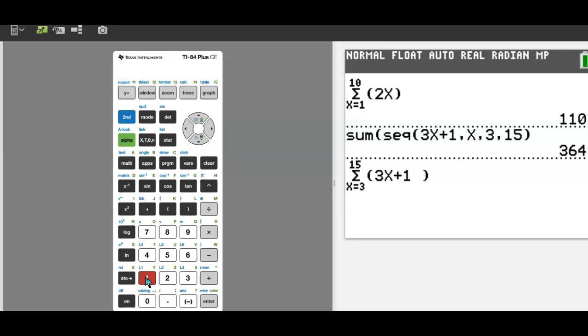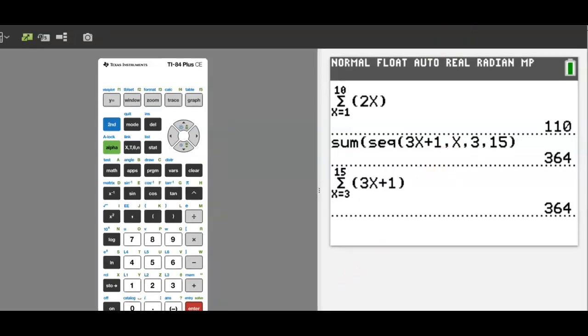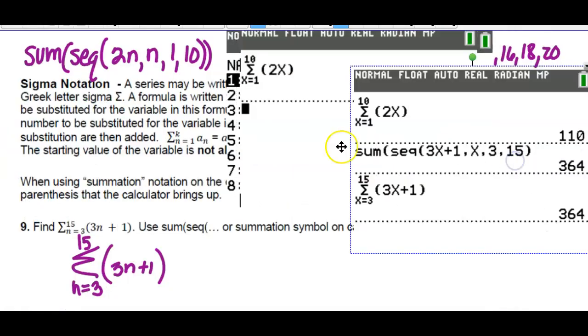Don't put things outside of those parentheses. Even if you need extra parentheses, keep it inside there. It's especially important with the geometric ones we're going to do later. So we get 364 that way for that one. Okay. So this turned out to be, number 9 was 364.